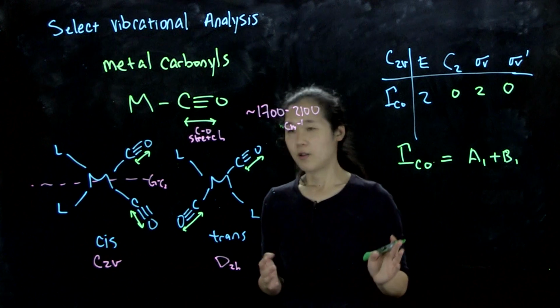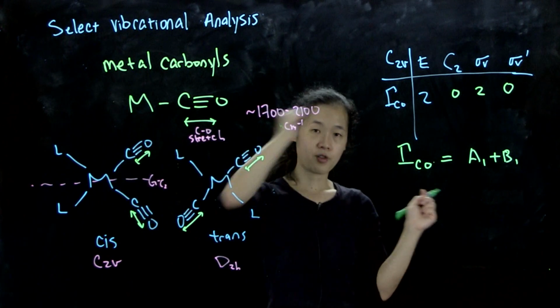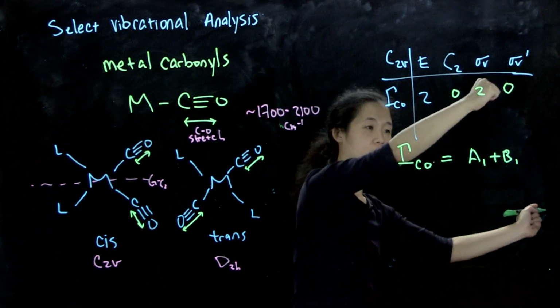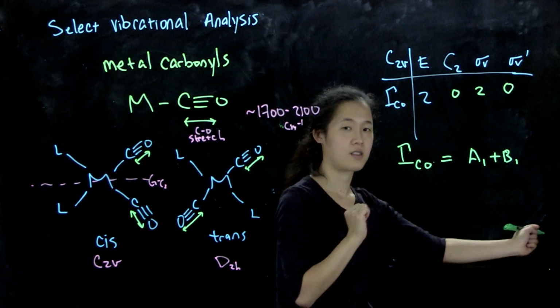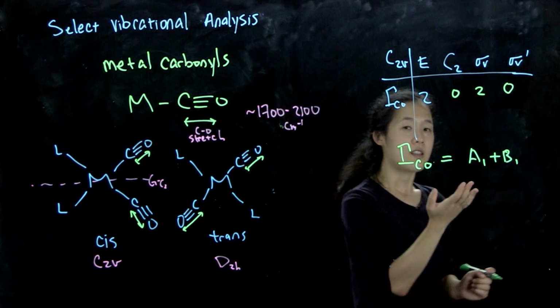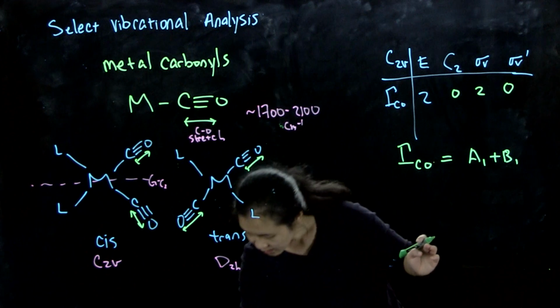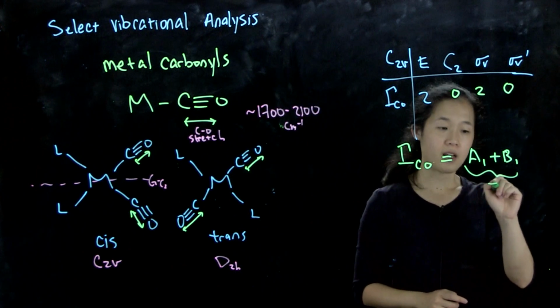You could do your projection operators, and we could know that A1 is going to be the symmetric CO stretch where they're both going out this way, and B1 is the anti-symmetric one where they're alternating like this. Because of this, if we look at how these transform in XYZ, I'll have you take the character table, but both of these are IR active.